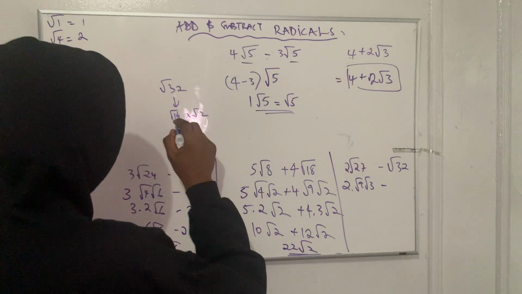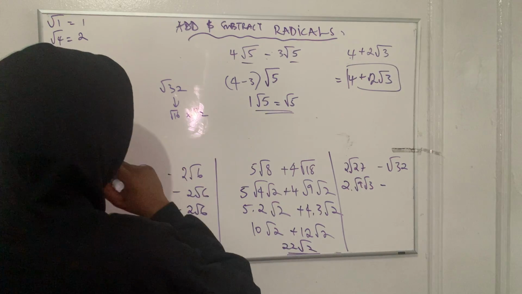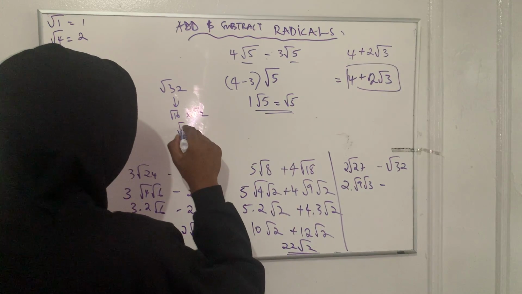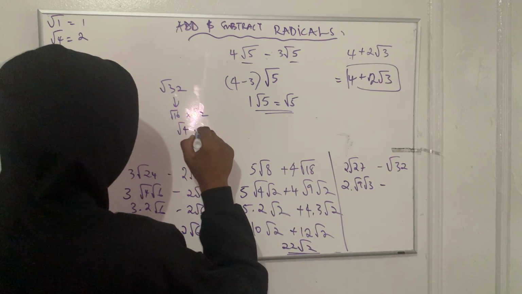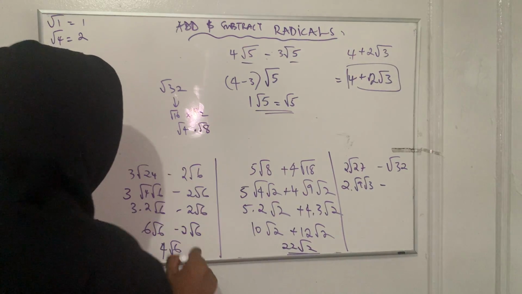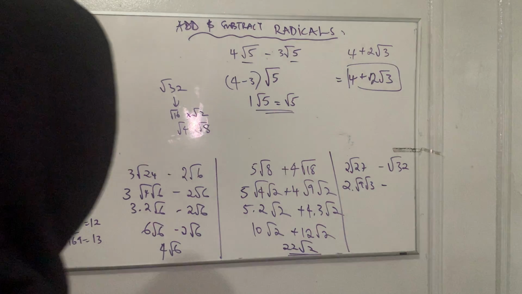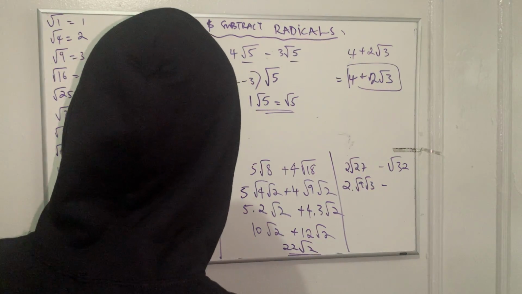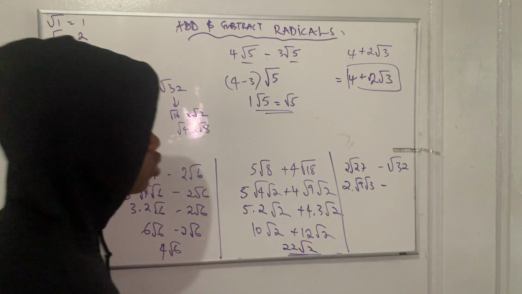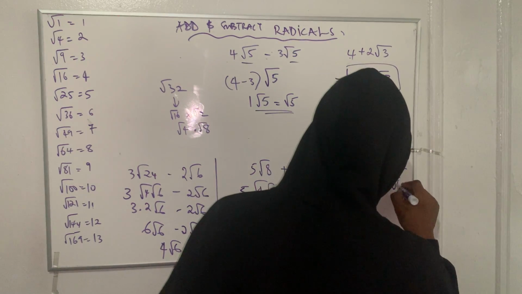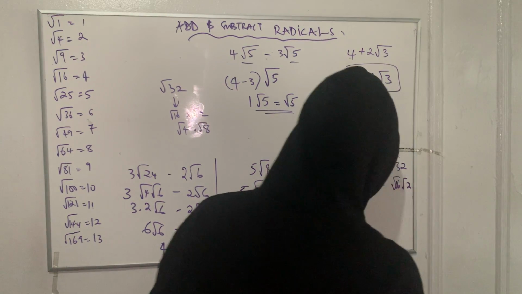We have 4 times 8. What else do we have? I think that's all we got. So we have 16 and 2. So that means root 16 and root 2.